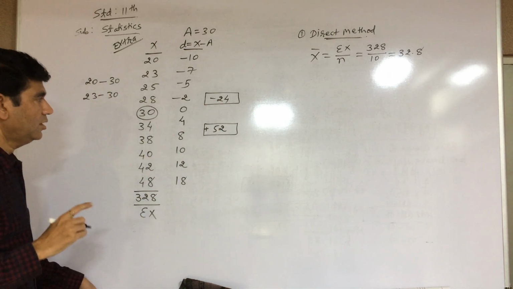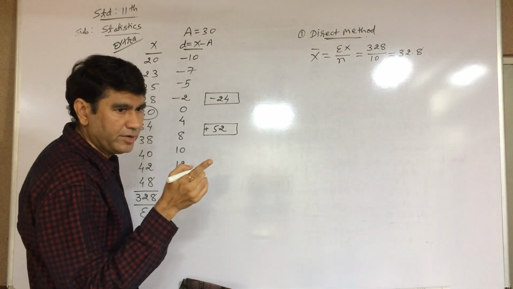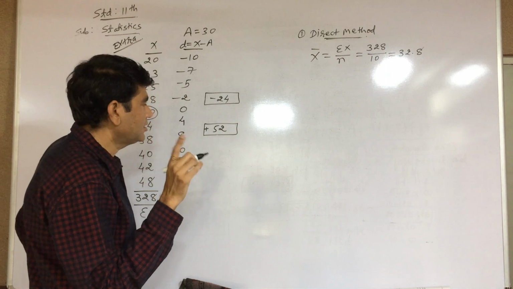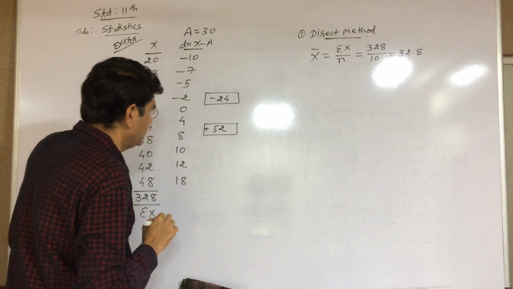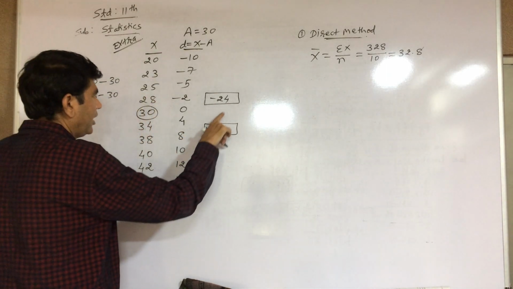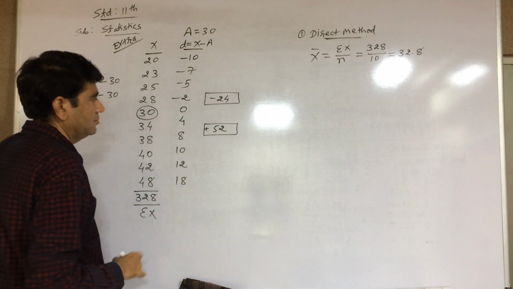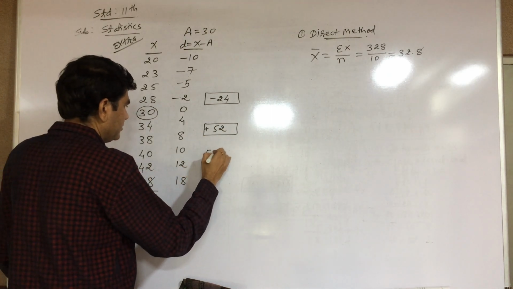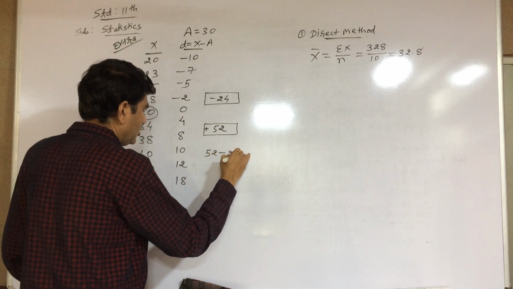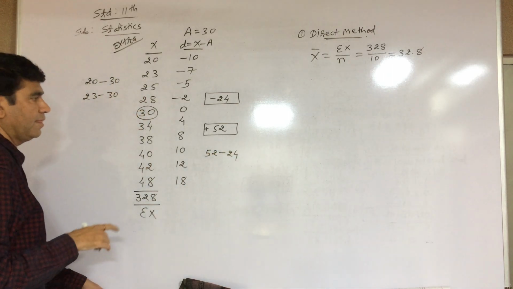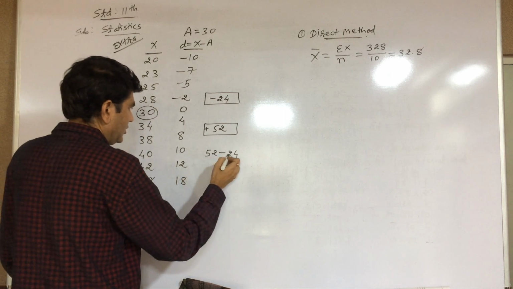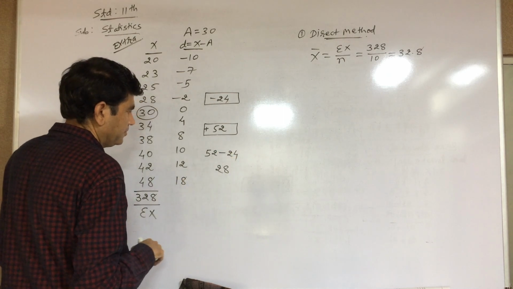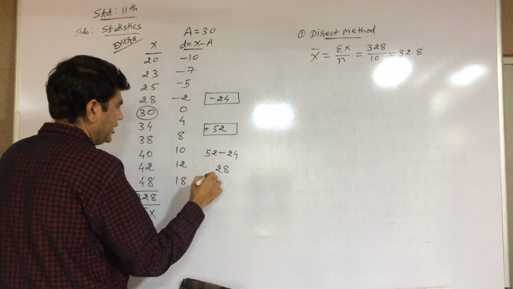So this is plus total and this is minus total. Now, how can we calculate? Higher value minus lower value and apply sign of higher value. So 52 minus 24. You can use calculator, higher value minus lower value. So answer is 28 and sign of higher value.